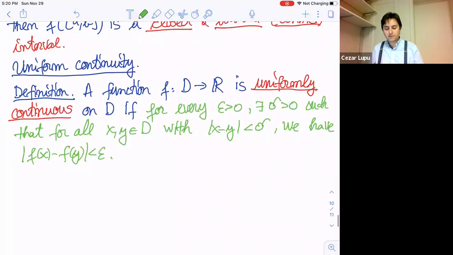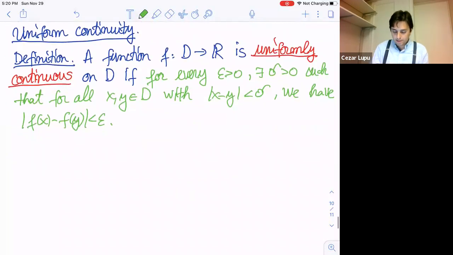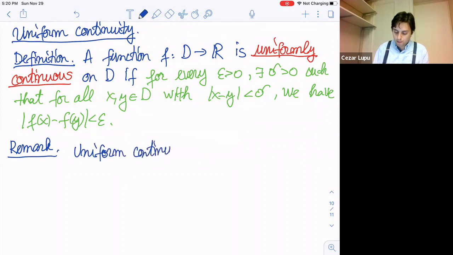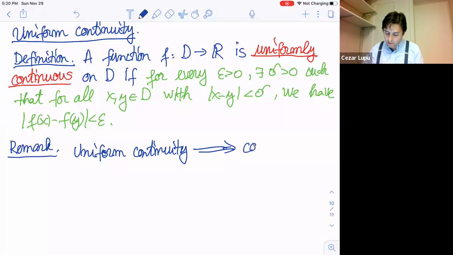Well, as you can clearly see from this definition, let me point out a remark. Clearly, uniform continuity implies continuity, but not the other way around.